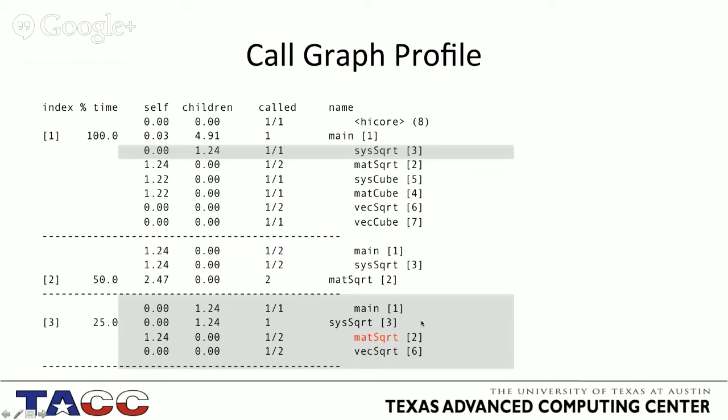So a last example, if we were now to look at the index number 3, which is c square root, you can see that c square root is called from main, and it itself calls mat square root and bec square root. And if you look at the number of calls too, you will see that this is only called once, but these two functions or subroutines are called twice, but only one of those 2 times they are called from this system square root.